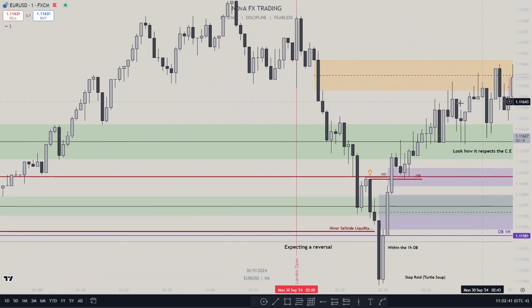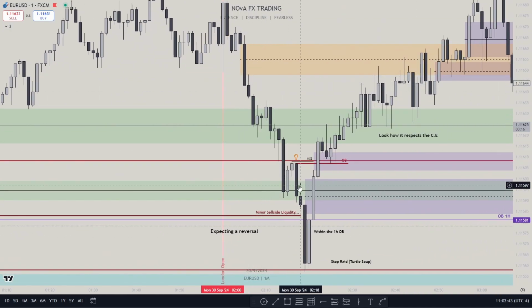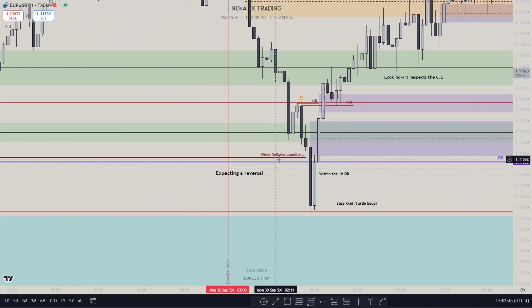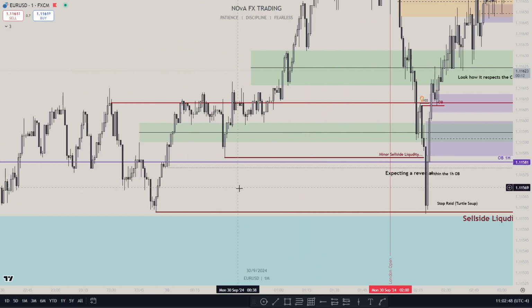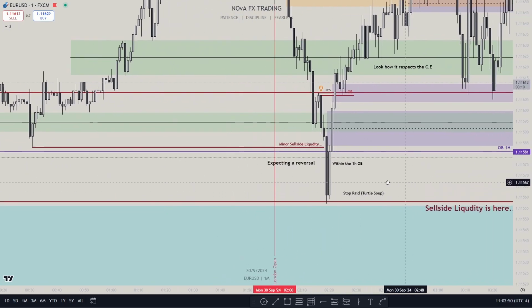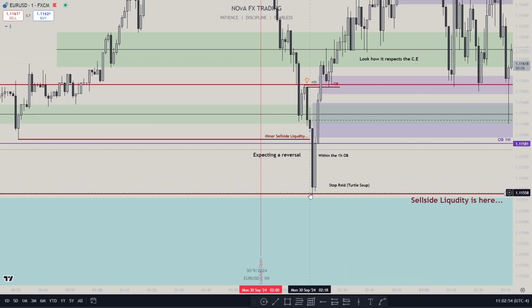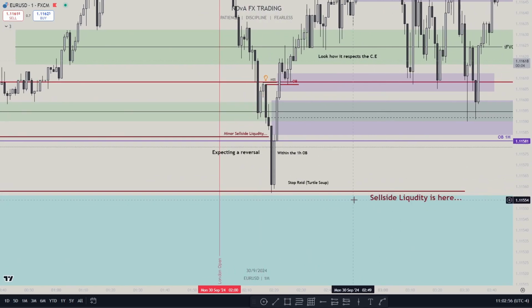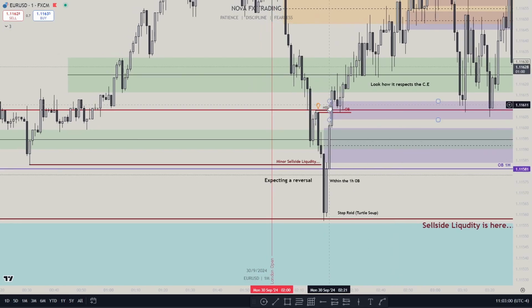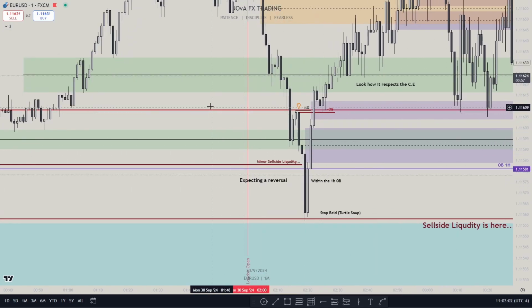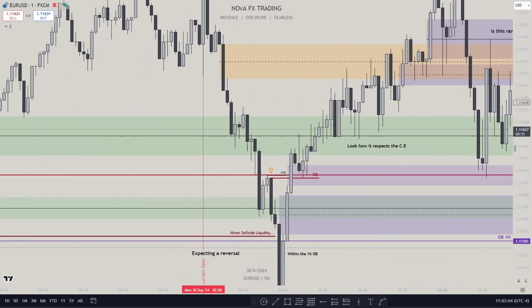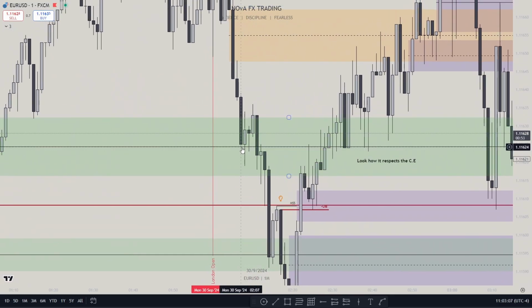What I'm trying to say is that I want the price to go down, destroy this minor sell side liquidity and this main sell side liquidity. I want it to sweep the final sell side liquidity, making it a turtle soup, and then wait for a market structure shift.